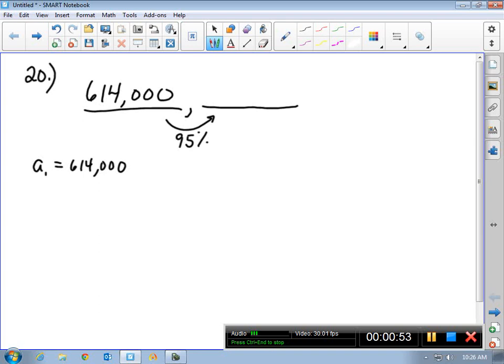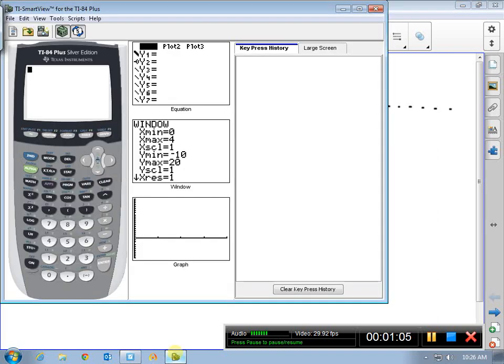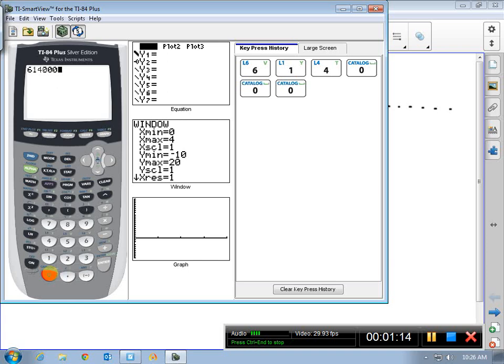Good? I'm keeping 95% of it. So let's just go ahead and do the next couple of weeks for this movie. Go ahead and multiply 614,000 by 95%, .95.